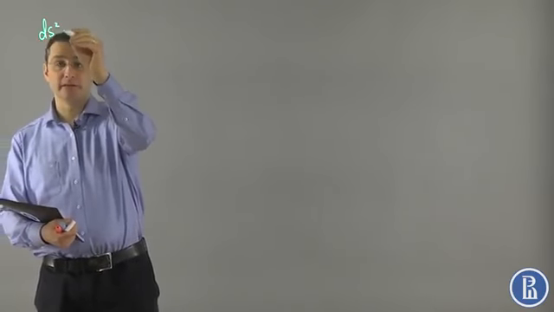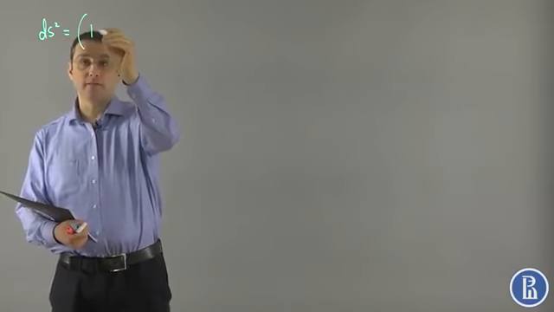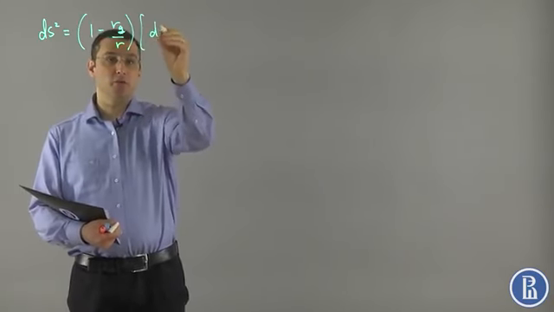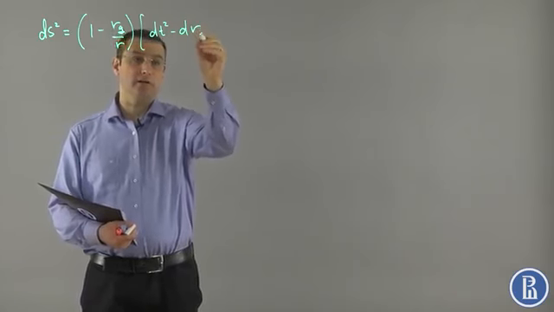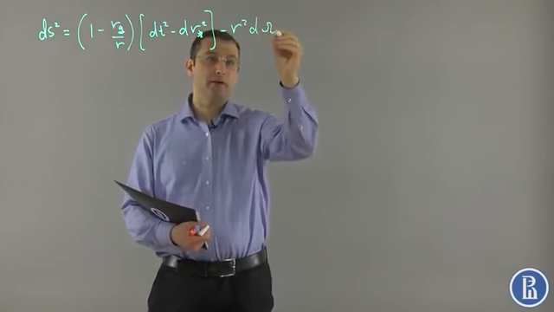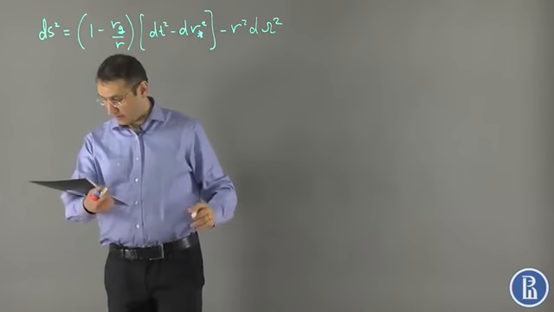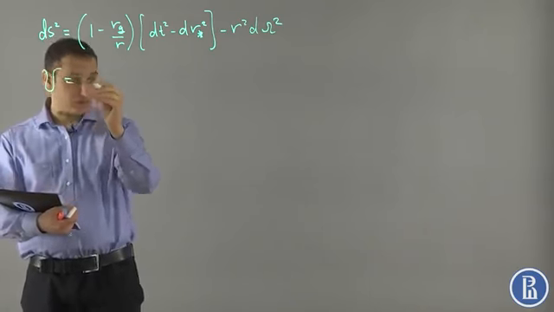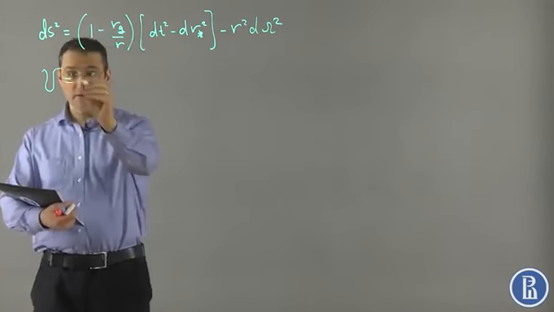So if in this metric, ds squared equals (1 minus rg divided by r) dt squared minus dr star squared minus r squared d omega squared, from the very beginning we have made the following coordinate change. So that's what we basically found.